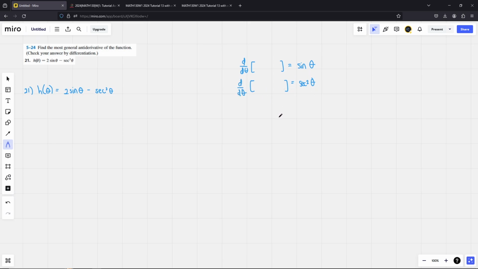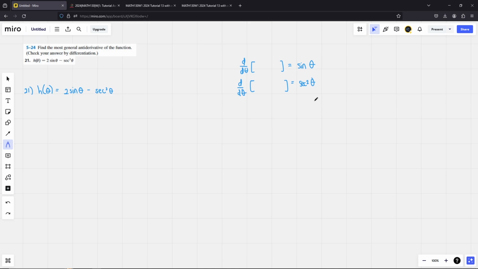So again, what would I have to take the derivative of to end up with sine and secant squared? And that something is going to be the antiderivative. So again, suppose that this is a derivative, so that if I take the derivative of something, the something would be the antiderivative.